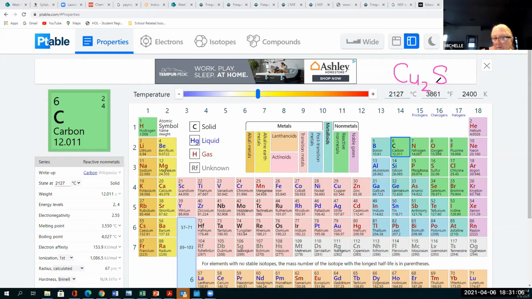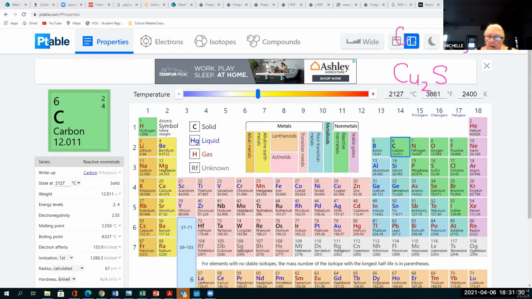It would be copper 2 sulfide, the sulfur was -2. So the sulfur is a -2. So copper would end up being a +2 total because there's 2 of them, but each one would be a +1.